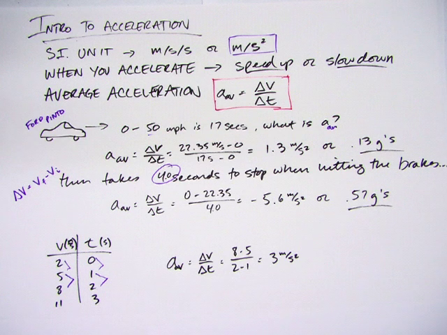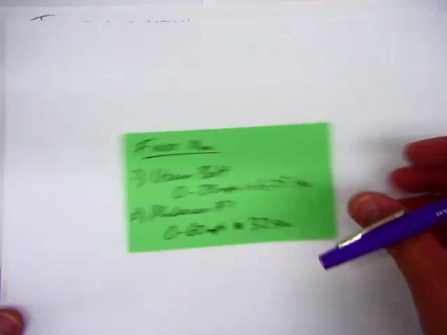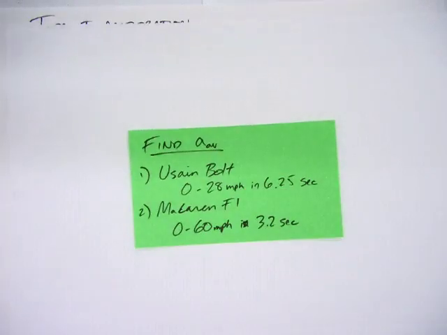All right, let's do a couple of sample problems before we move on. Two scenarios, find the average acceleration. First is Usain Bolt in his gold medal winning world record run. He went from 0 to 28 miles per hour in 6.25 seconds during that Olympic gold medal run.